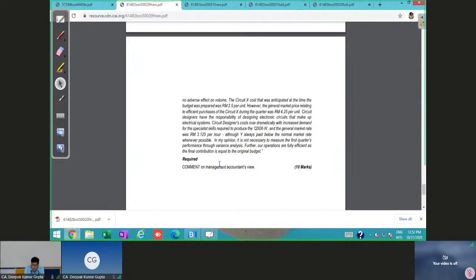Now there is a query from Ambika. Does the examiner expect calculation for logarithms? Ambika, you must understand the principles of logarithms here. You should know the concepts of logarithms.